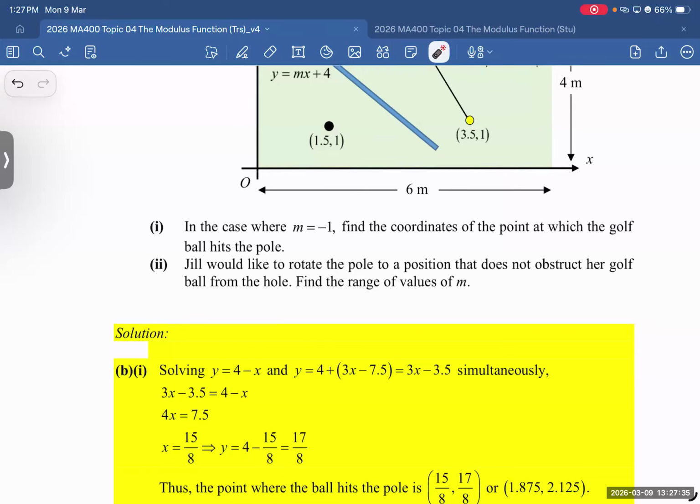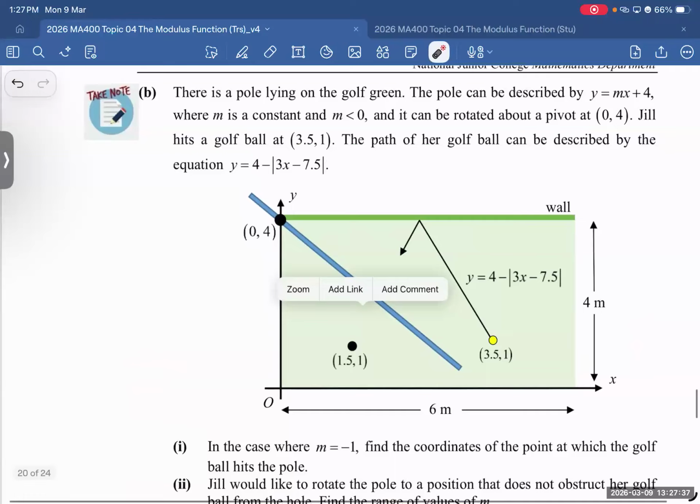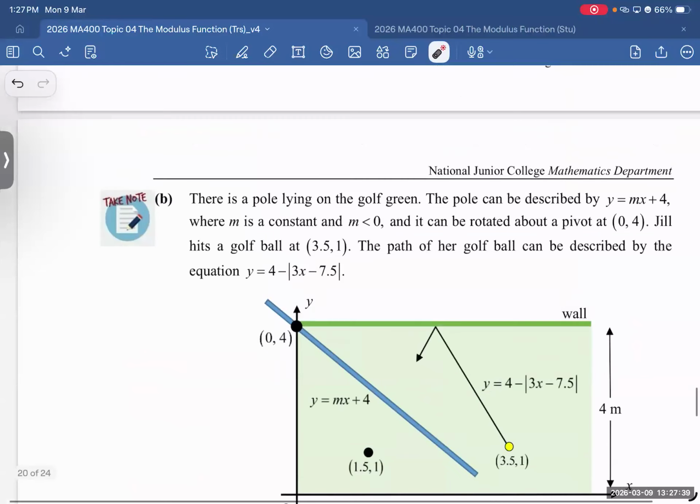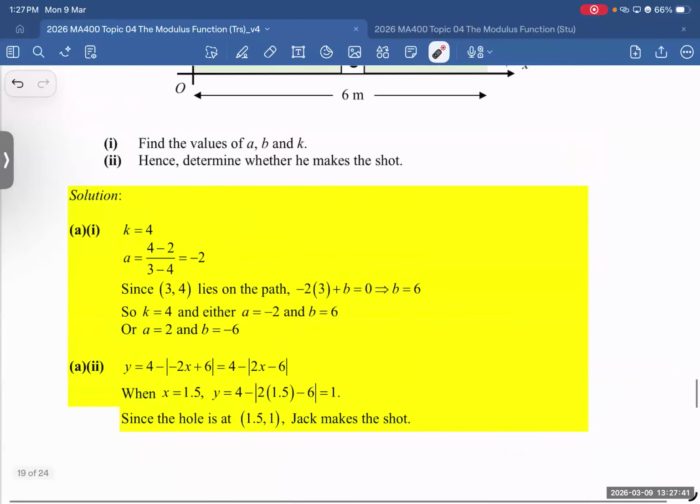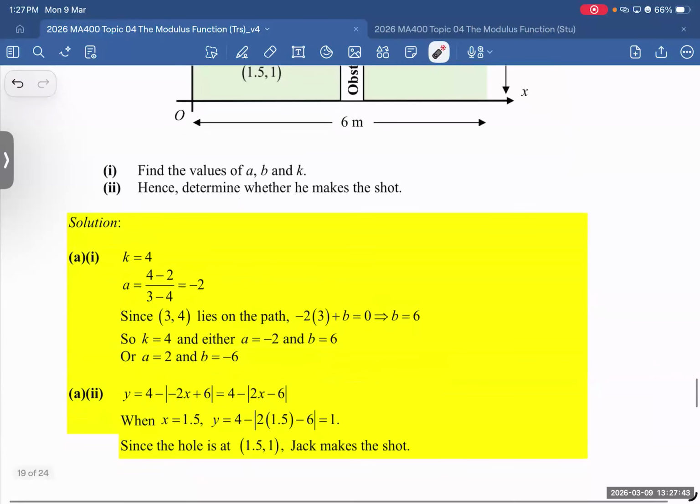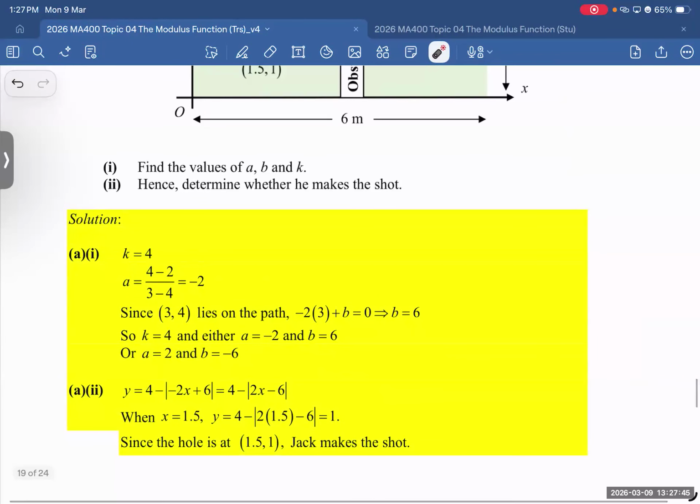That is why A here could be two positive values. A could be negative 2 or 6, there are 2 possibilities. Can anyone want me to repeat again? I'm more than happy to repeat a few times.